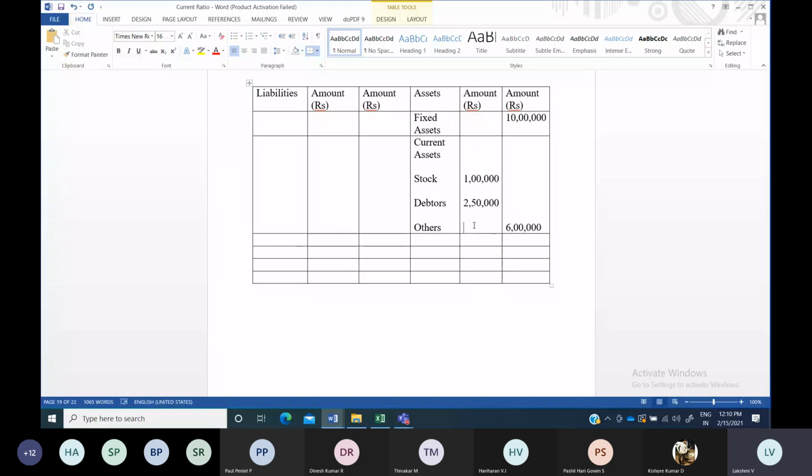So you can mention it better as others. Find out this difference, because we should be very specific here. We cannot just put current assets as 6 lakh; because we calculated the stock amount as this much and the debtors amount as this much, the balance amount you have to show as others. Okay. So find out how much you are getting.